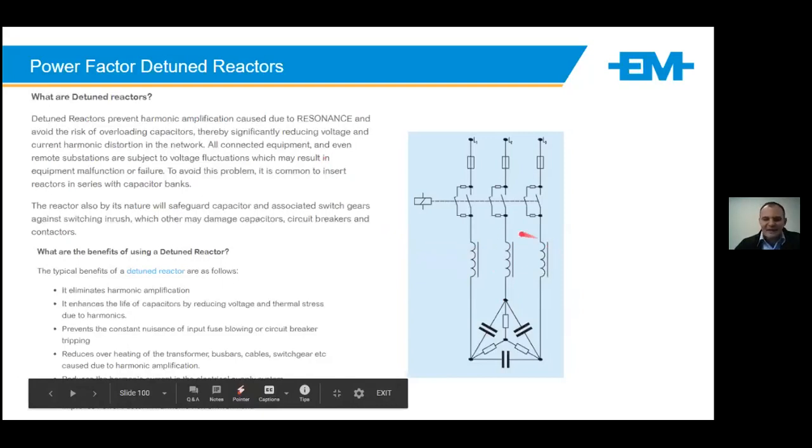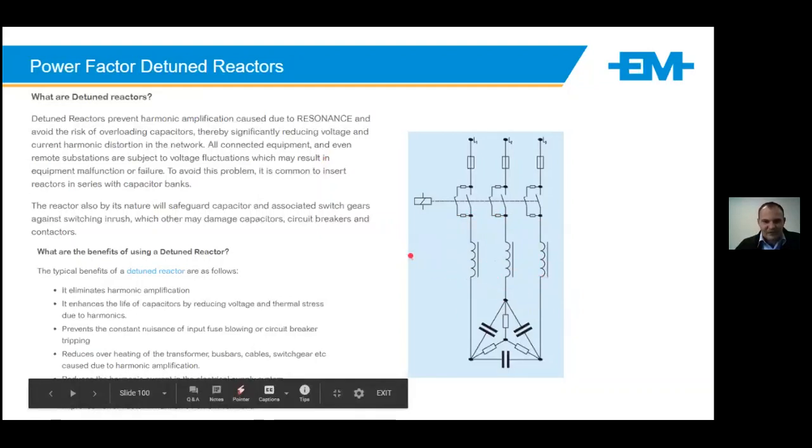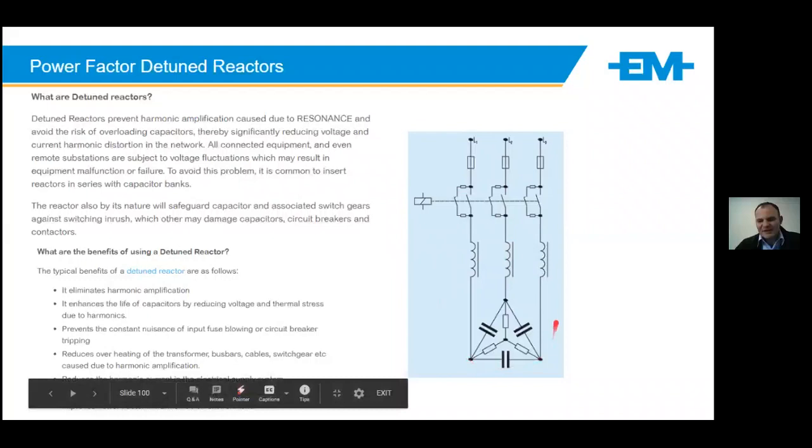Remember, that reactor is not a filter for your site. That reactor is there to protect your capacitor. It eliminates harmonic amplification, enhances the life of a capacitor, and brings stability on the voltage back to the network when that unit is stepped in.